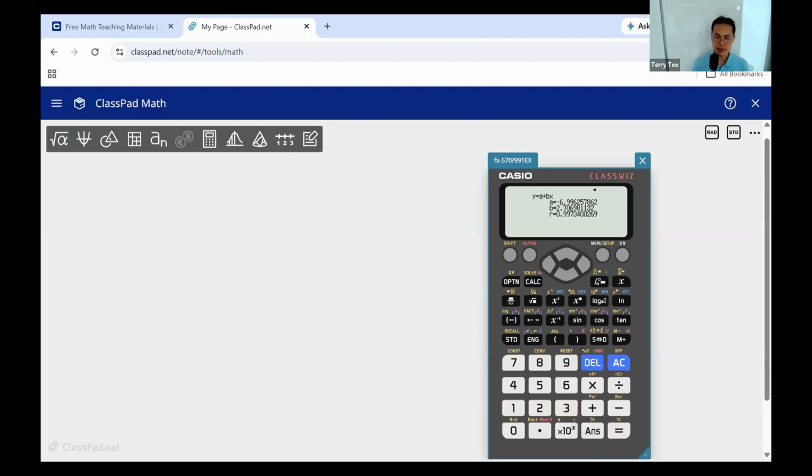Why? Because this will tell us where your y-intercept is and what your gradient is. My y-intercept, A, you can see is negative 6.996. I say y-intercept is negative 7. Your gradient looks like 2.71. What is R? R is the coefficient of regression. If your R is positive, it means you have positive correlation. As your x increases, your y increases. Normally R cannot be exactly 1 or negative 1.